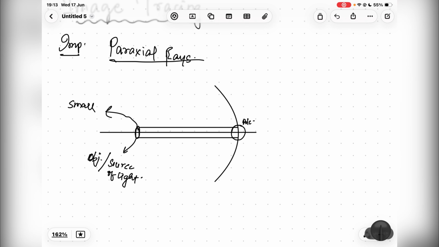So these rays, which are very close to the principal axis, are called paraxial rays, and in geometrical optics, or as we say ray optics, we always talk about paraxial rays only, and we do not consider any other rays apart from paraxial rays.